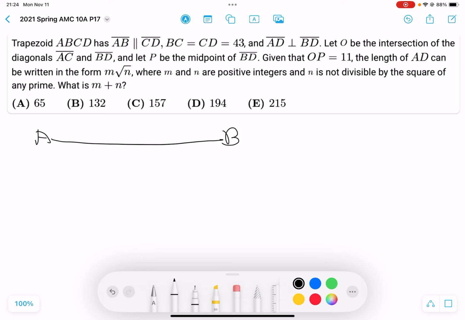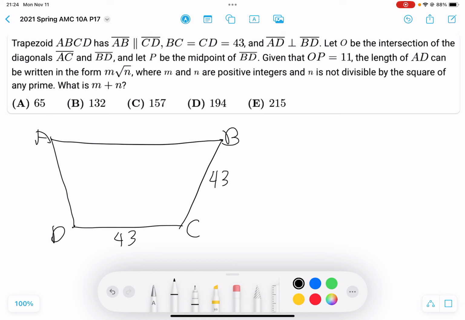And let's first draw BC. So BC equals CD, right? If that was BC, then CD would be like this, because then these two lines are equal. And then we have AD. So these are both 43.